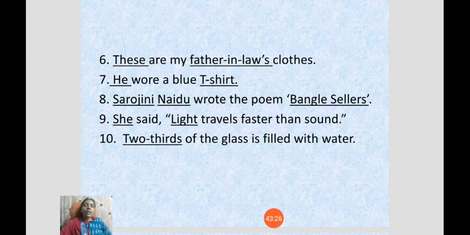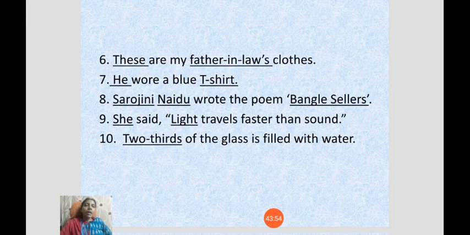Wrote the poem Bangle Sellers. When you write literary works, the first letter of those works should be written in capital. Here Bangle Sellers is the literary work by Sarojini Naidu. So B capital and S is also written in capital.